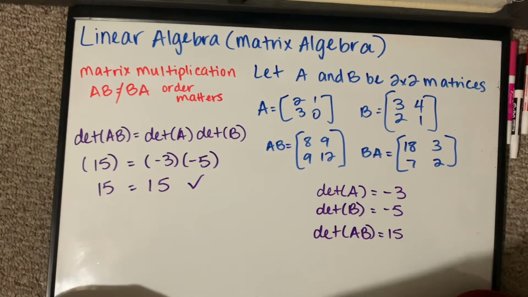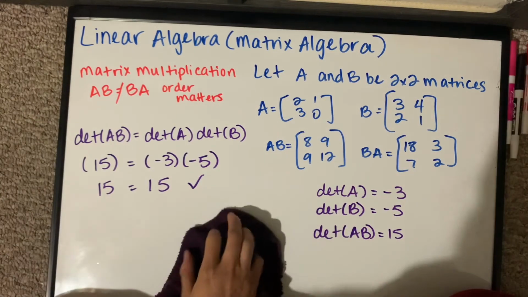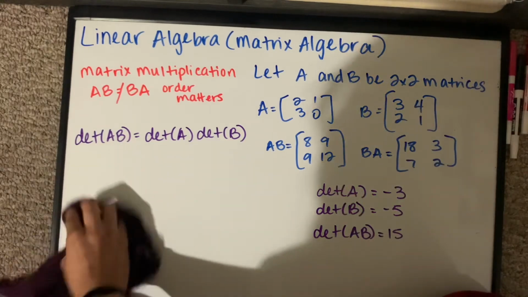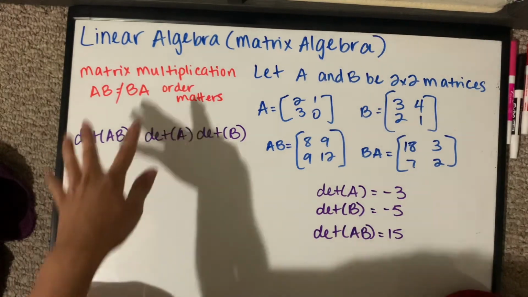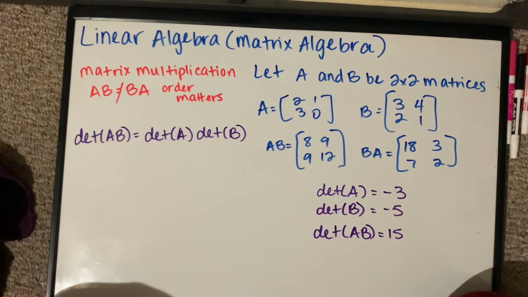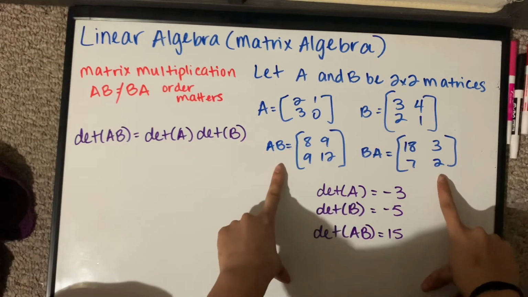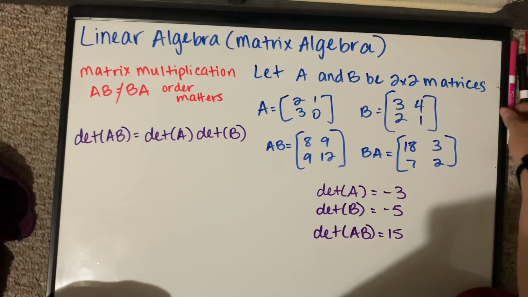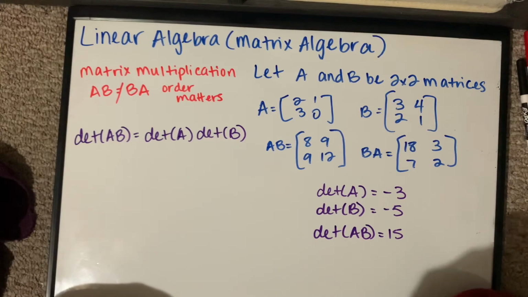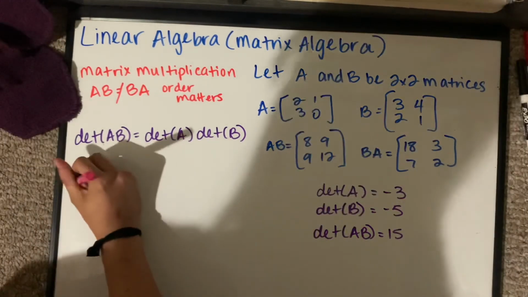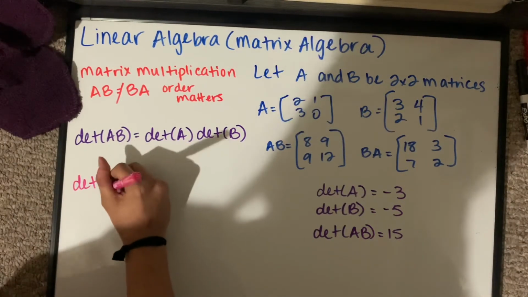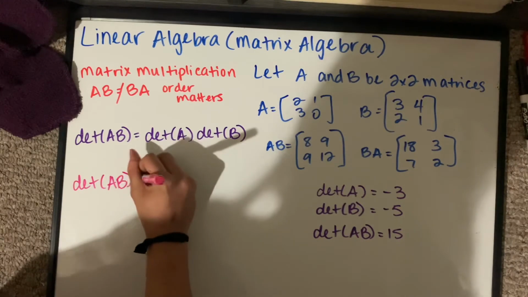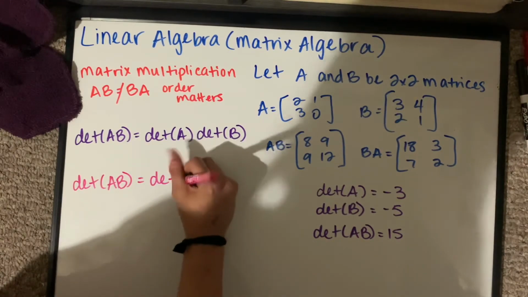The point that I wanted to make is this. We know that order matters when you're multiplying the matrices. They're not going to be equal. But order doesn't matter when we're talking about their determinants.